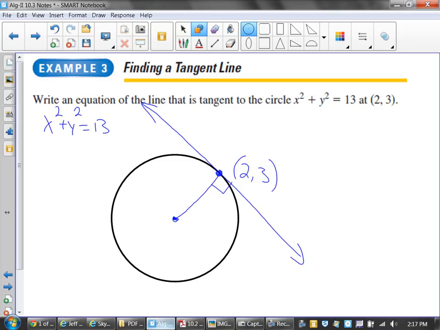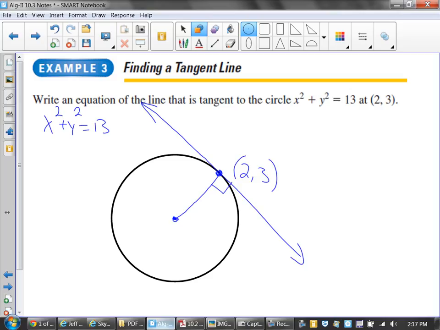So, what are the two sets of ordered pairs that we have that deal with the radius? 0, 0 and 2, 3. So, is 0, 0 really do anything for us? So, what is the slope? Remember, slope is the change in y over change in x.